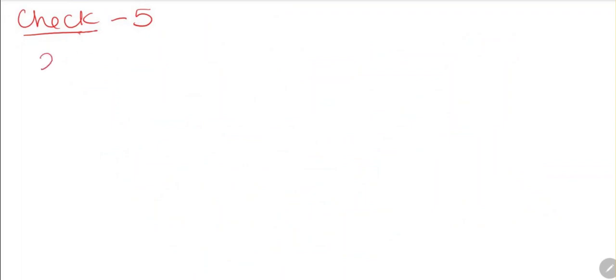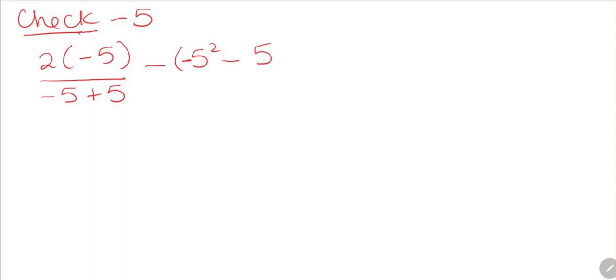So we'd have 2 times minus 5 divided by minus 5 plus 5. And let's have a look. We have minus 5 squared minus minus 5 minus 10.